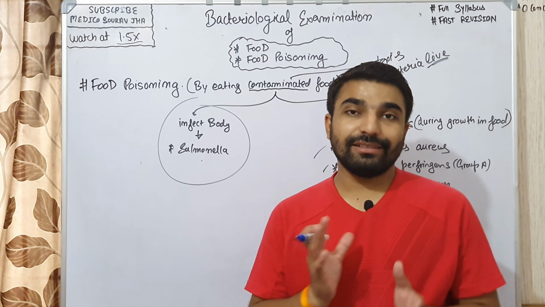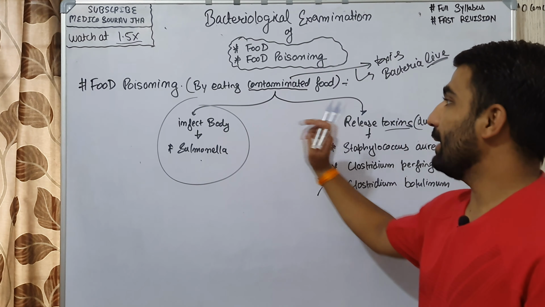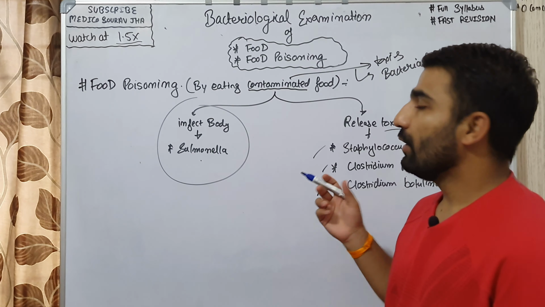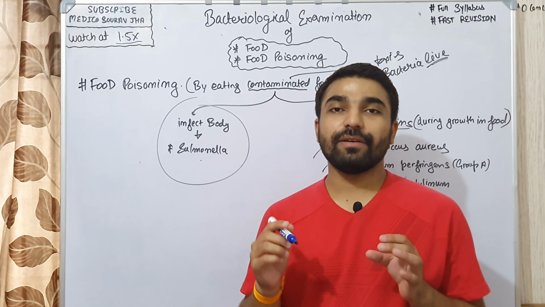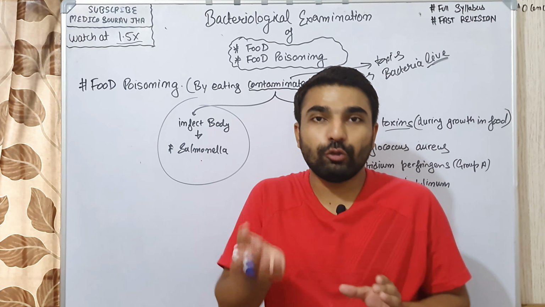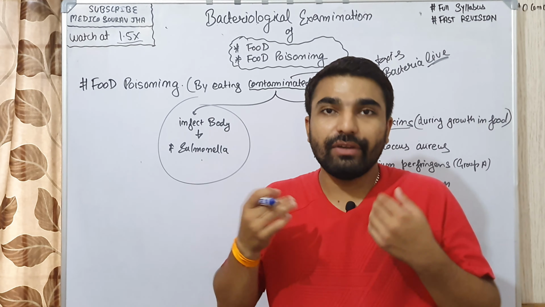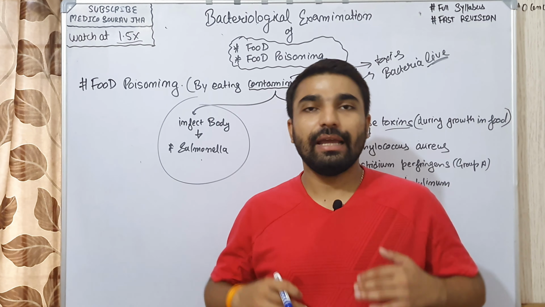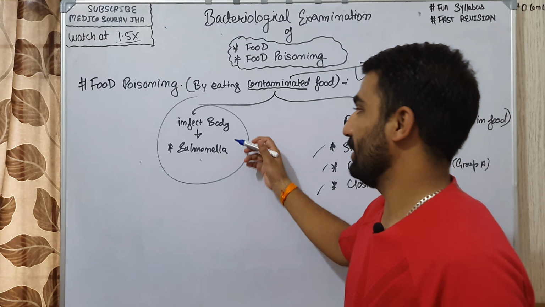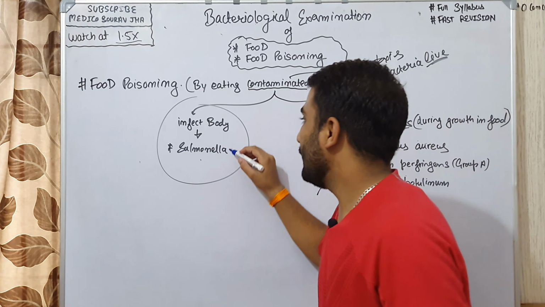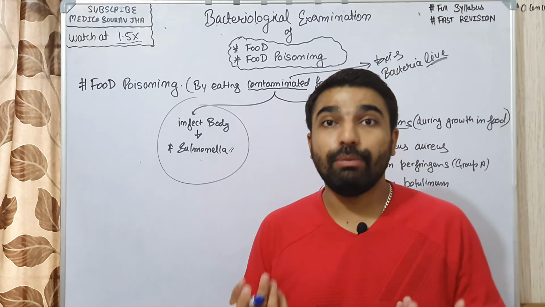So let's first understand these two types of food poisoning. First, in which bacteria directly get into the body and directly infect the body. In this, the bacteria go all the way into the stomach and to the duodenum. From there onwards, it infects the duodenum. Then it gets into the blood circulation.